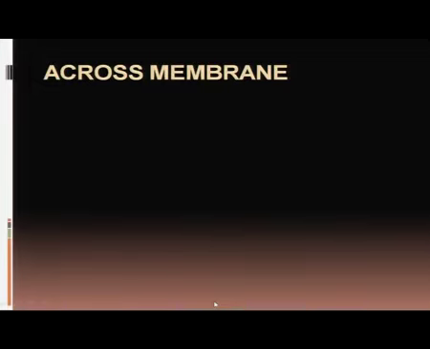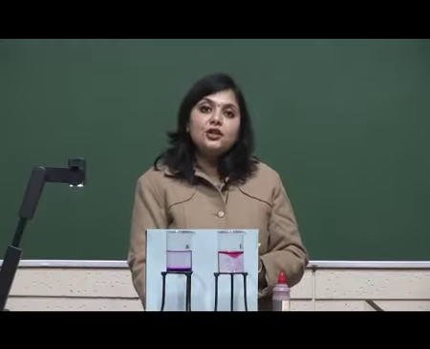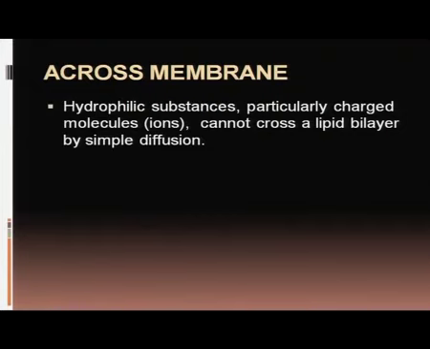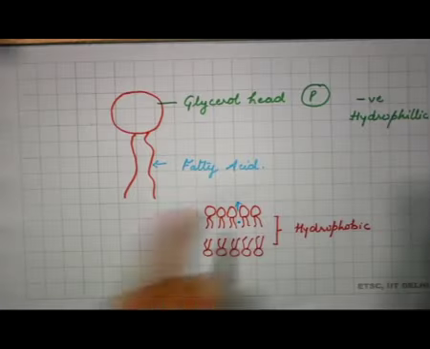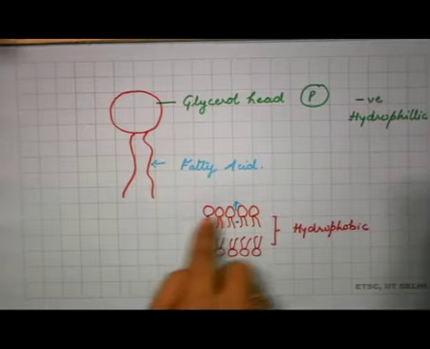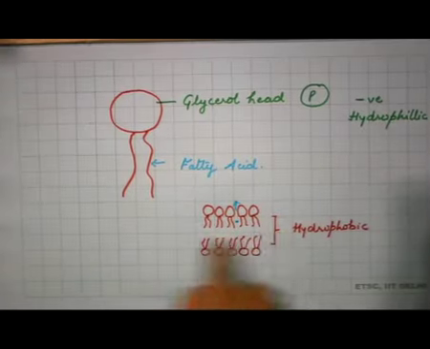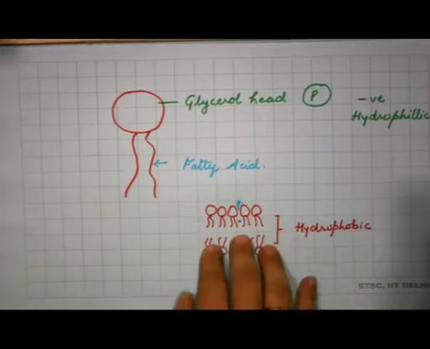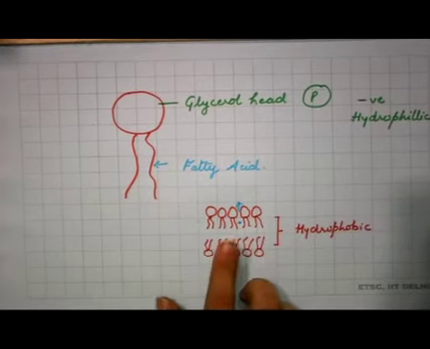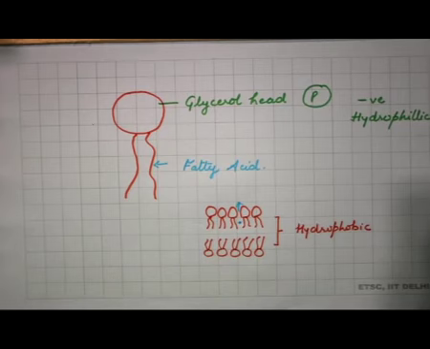But the problem comes when there are large molecules and they need to be transported. How will they transport? They cannot pass the lipid bilayer by simple diffusion. If there are large hydrophilic molecules which have to pass through this hydrophobic area, it will be very difficult for them, so they cannot pass through simple diffusion.